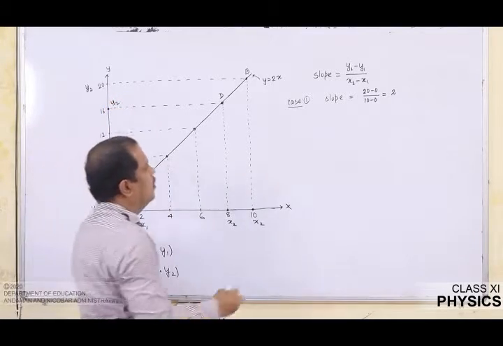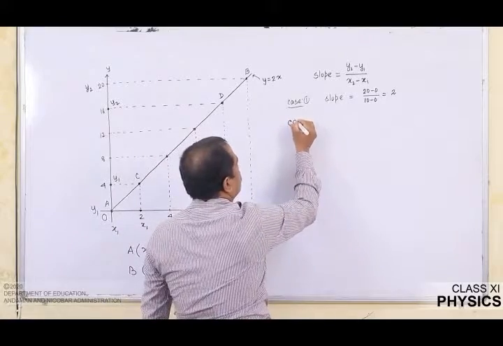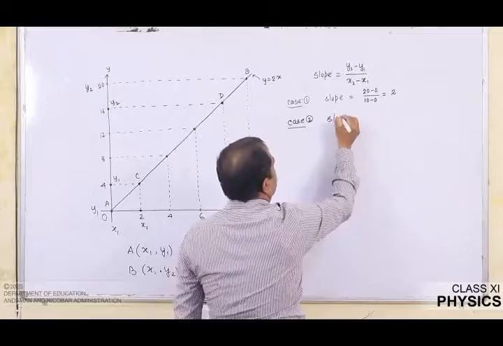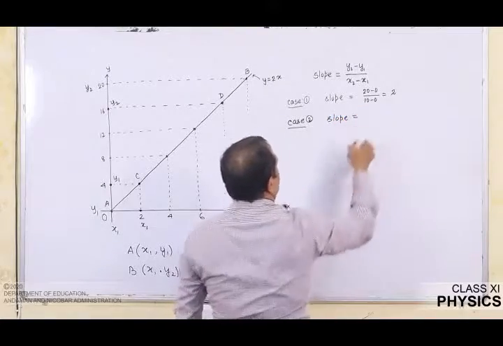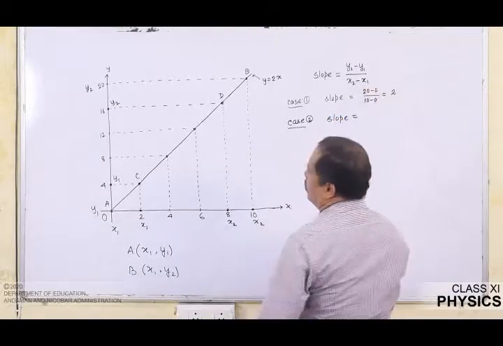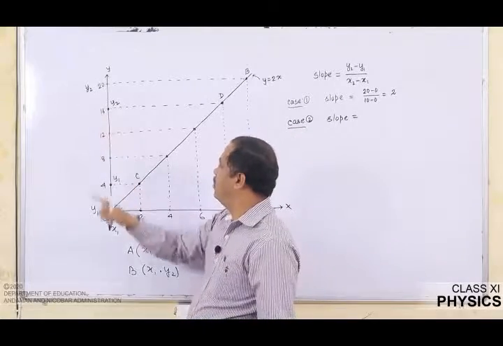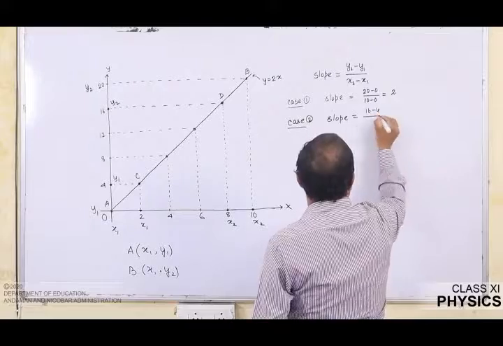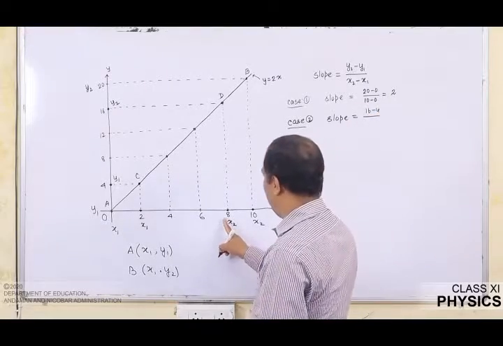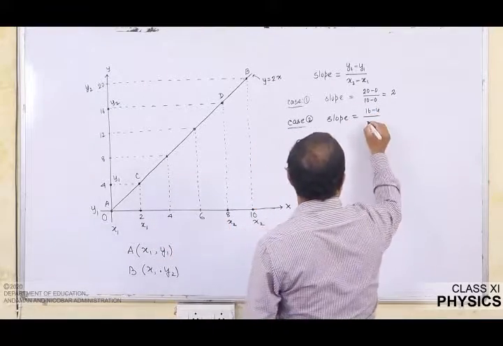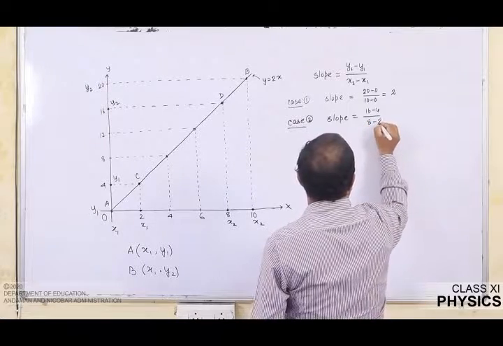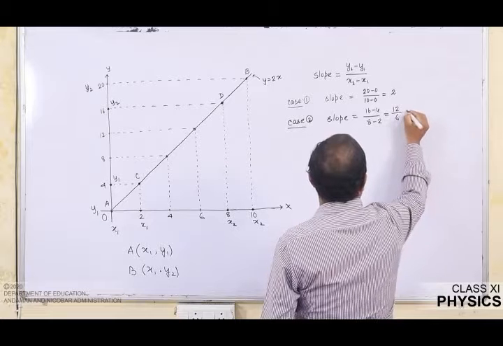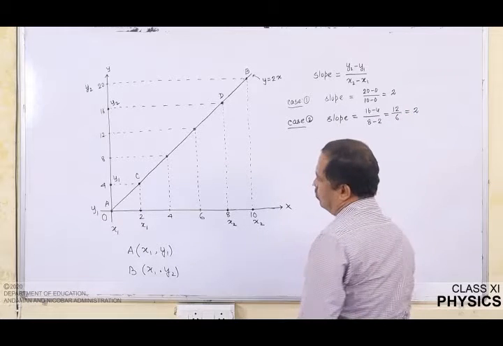So, in case 2, rise over run: rise is 16 minus 4 upon run is 8 minus 2, and this is 12 upon 6, again I am getting 2.